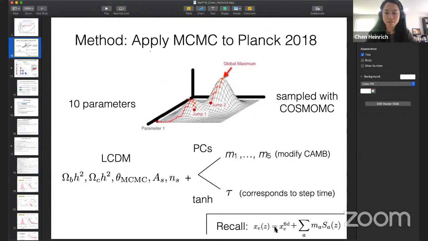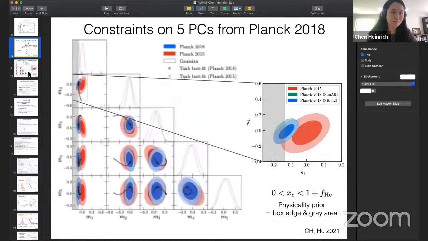In particular, all 95 PCs, we have 95 in our formalism, would fully describe xe(z), but we only need 5 to actually describe the observable impact on CLEE. So we only keep 5 of them.